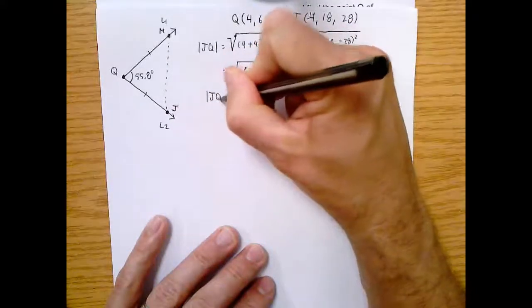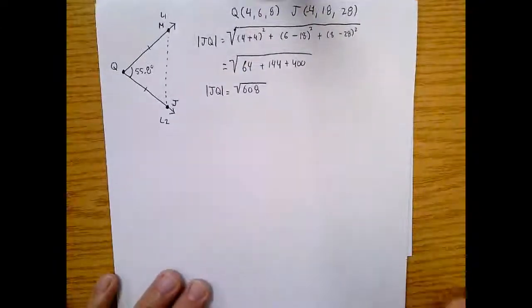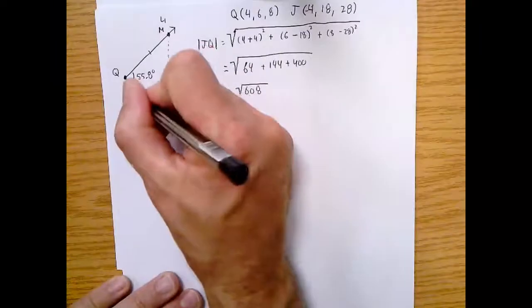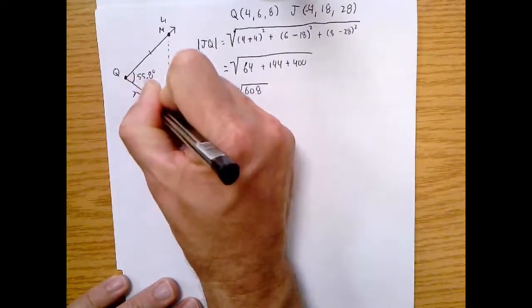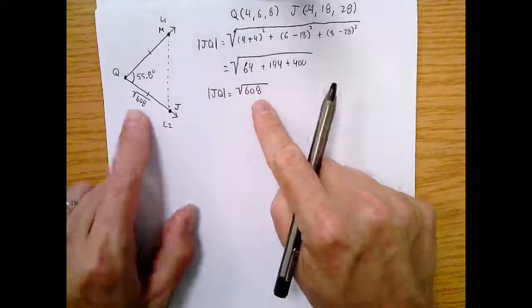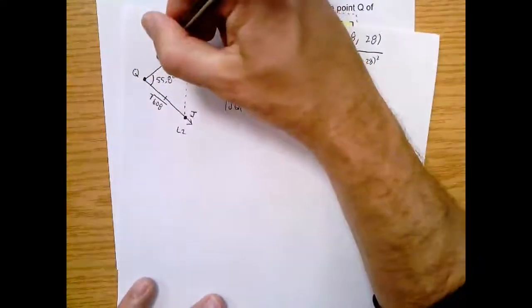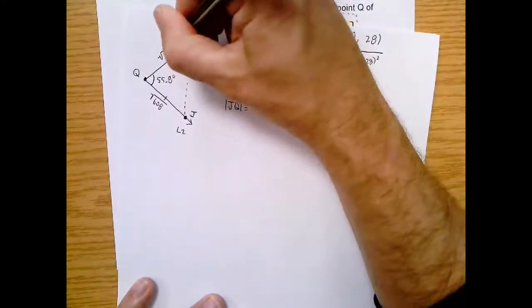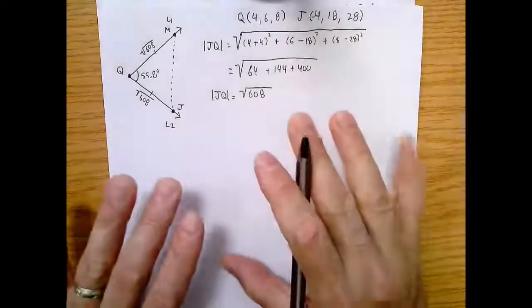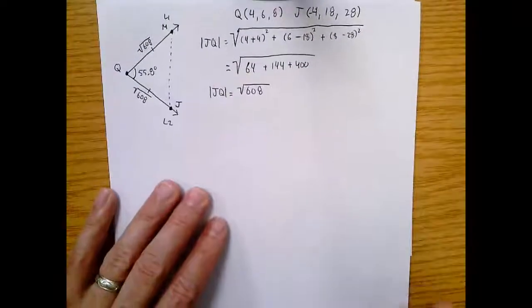Now, let's take a second and really show what this means. We just found out we know what JQ is. We know JQ is the square root of 608. Awesome. Therefore, because we know they're equal, we also know this one now. The square root of 608. And believe it or not, we actually now have everything we need to solve. That's all it took. Now we are in business.